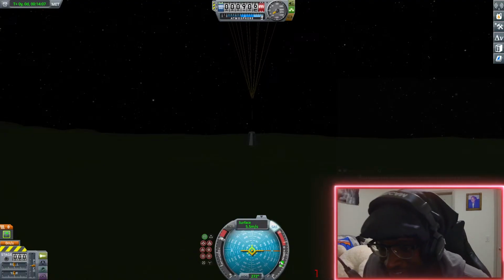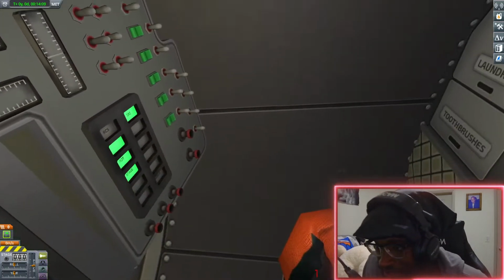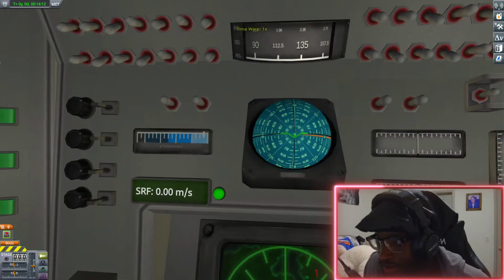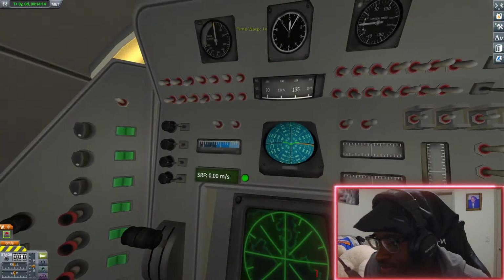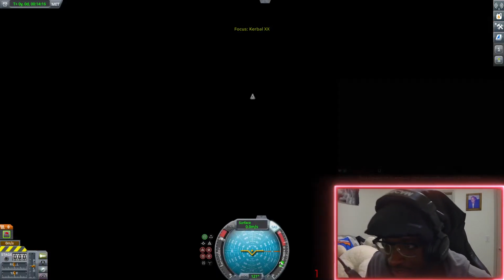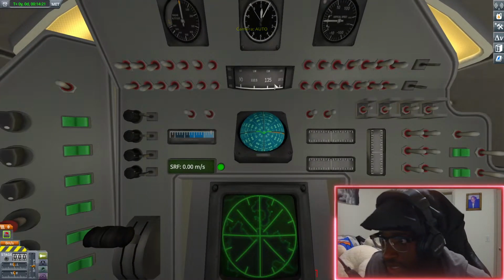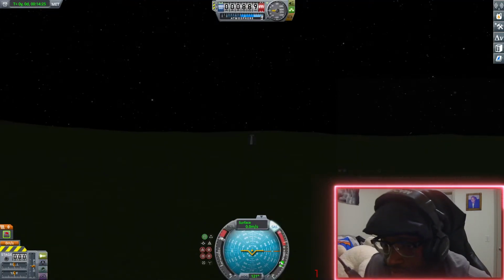Look how happy my astronaut is. Are you kidding me? If I can get out of here. Shit. How do I get out of here? There you go. We made it.